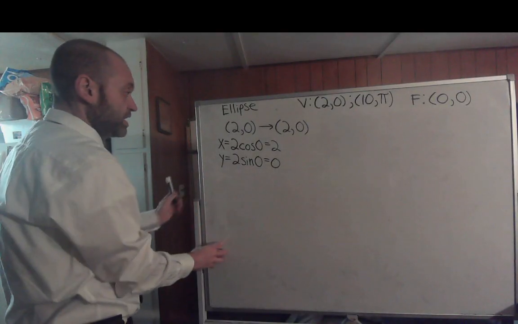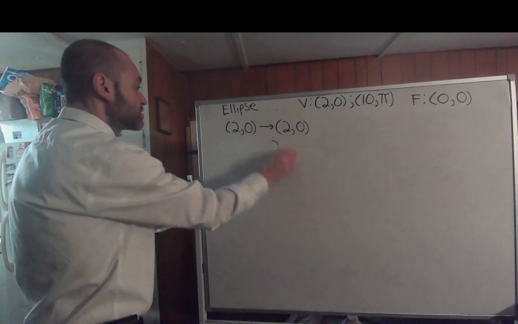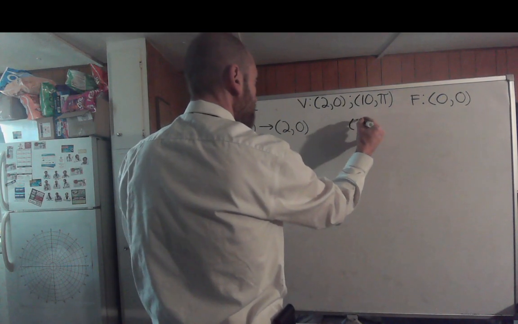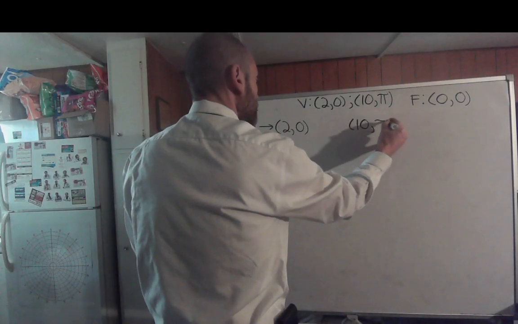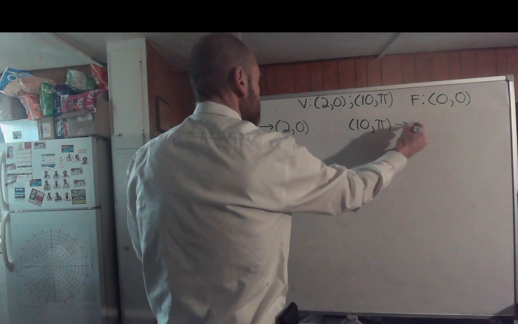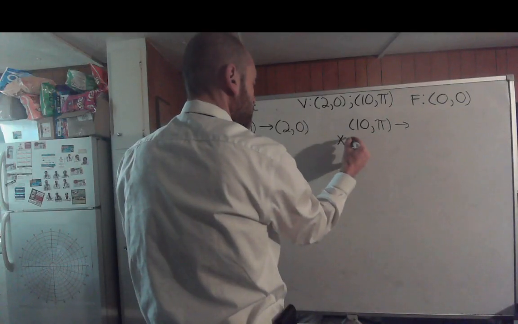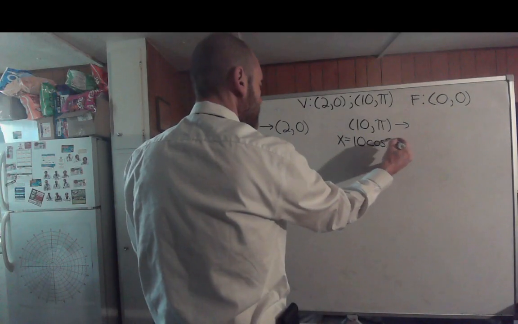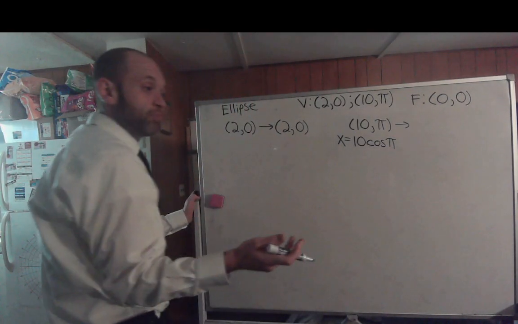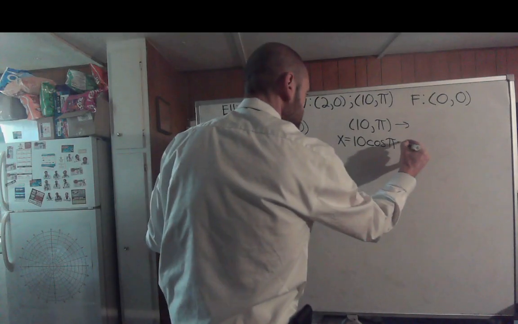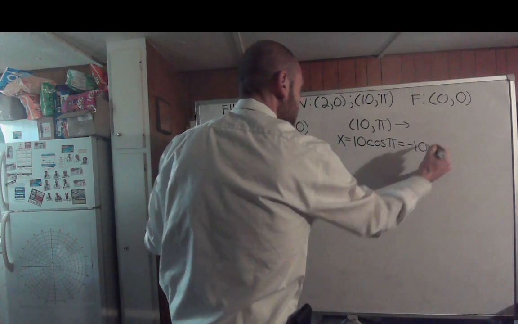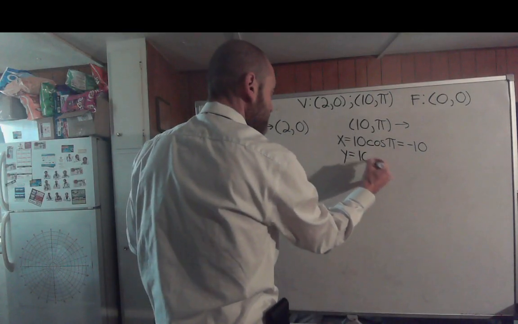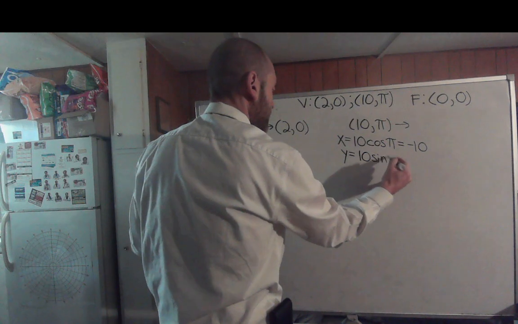That hasn't changed. Now, what is going to change is this 10, pi. Let's work on 10, pi. What would that look like in the rectangular system? So x, again, r cosine of theta, so 10 times the cosine of pi. Well, cosine of pi is negative 1 times 10. That would end up giving you negative 10. y equals r sine of theta, so 10 times the sine of pi.